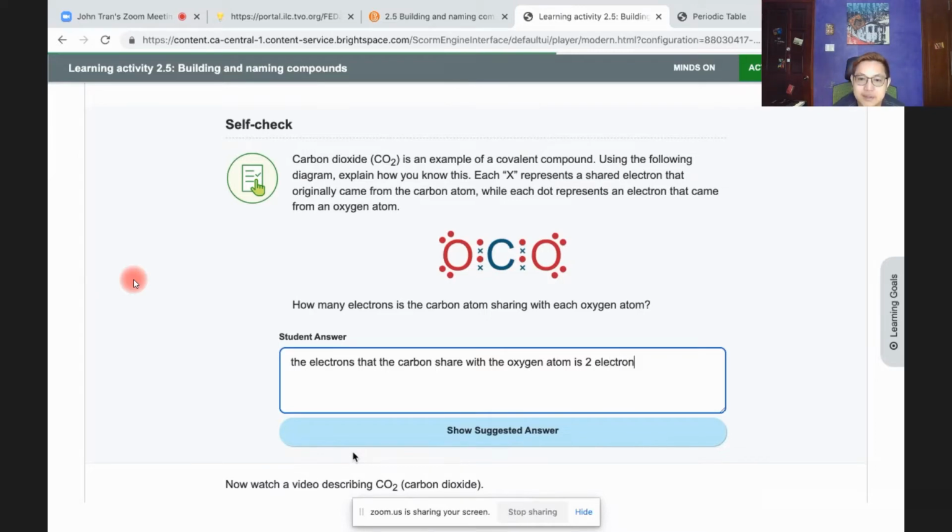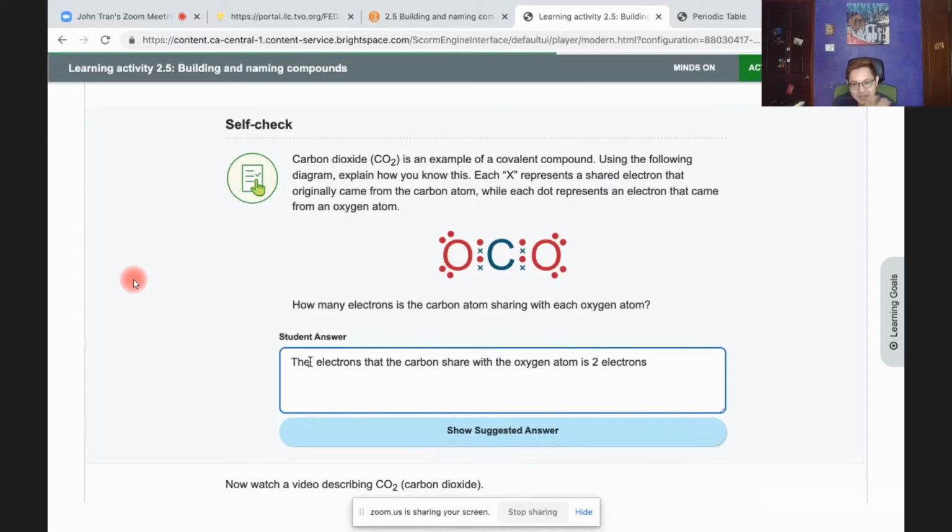They of course share 2 electrons. So let's say the number of electrons carbon shares with the oxygen atom is 2 electrons.